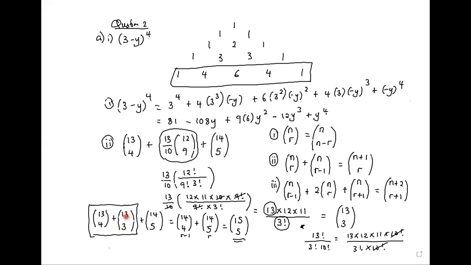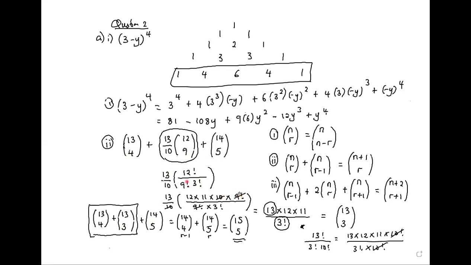We initially had 13 over 10, 4 to 9. 4 to 9, by definition, is 4 factorial, 9 factorial, then 12 minus 9 is 3 factorial. So we have simplified here. 4 factorial is 4 times 11 times 10 times 9 factorial.